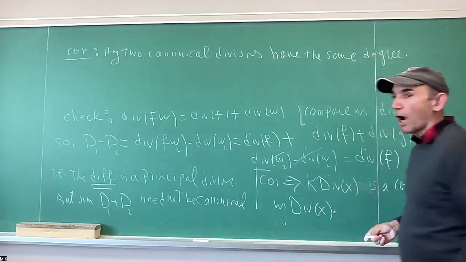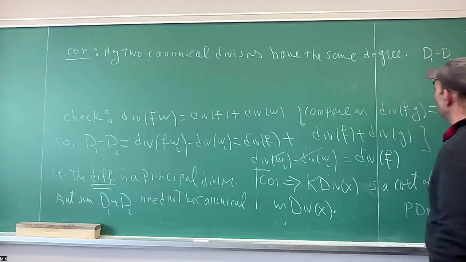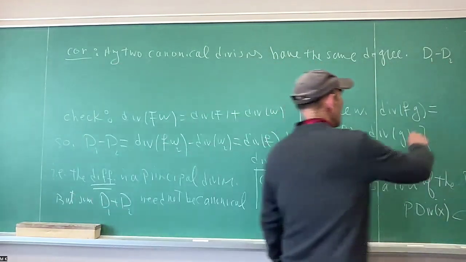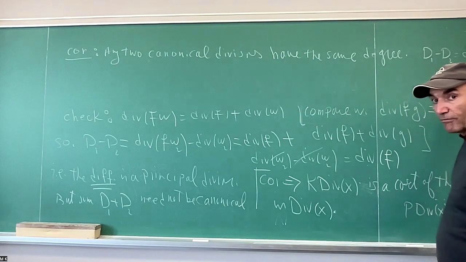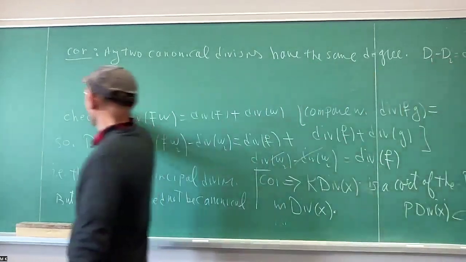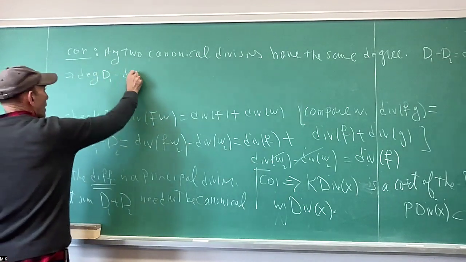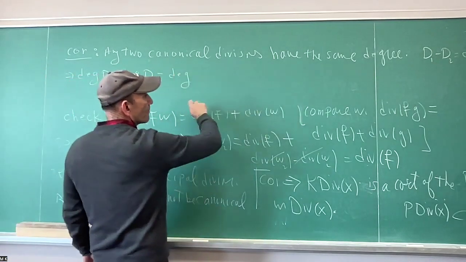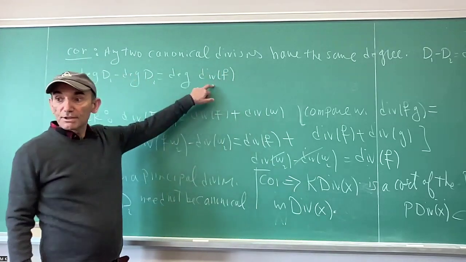Why? Because if you take two canonical divisors, D1 minus D2 is equal to the divisor of some meromorphic function f. And the degree of this is 0, because principal divisors have degree 0.